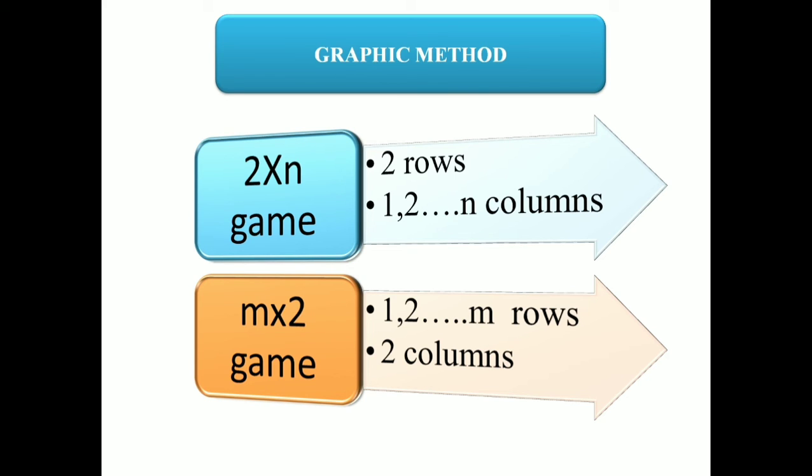So there will be 2 rows in the first case and 2 columns in the second case. These are the two cases in which we can use the graphical method to solve a game problem.